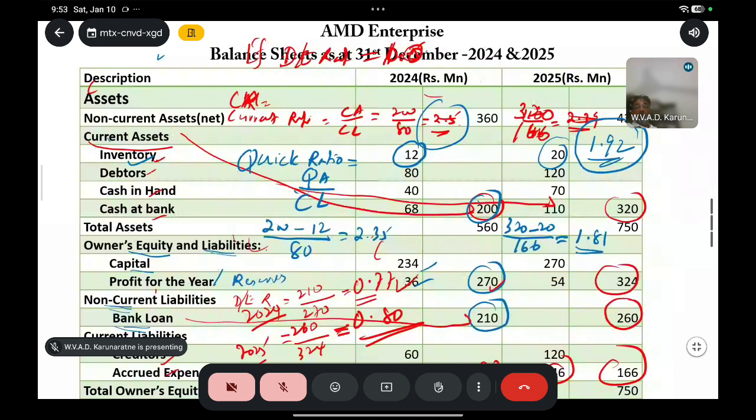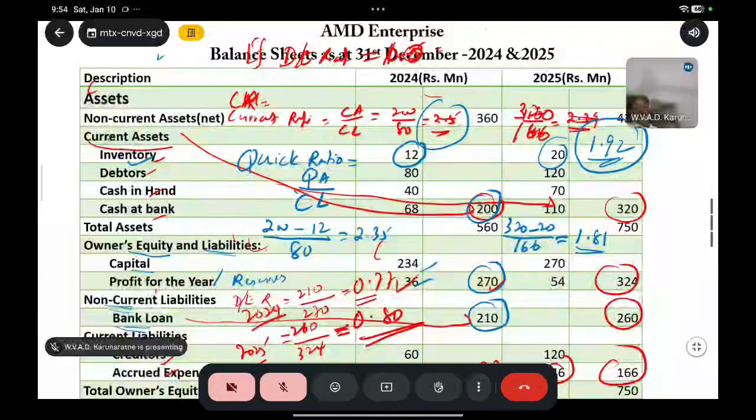If it is equal to 1, that is called equally geared, that we have equal amount of debt and equity, right?